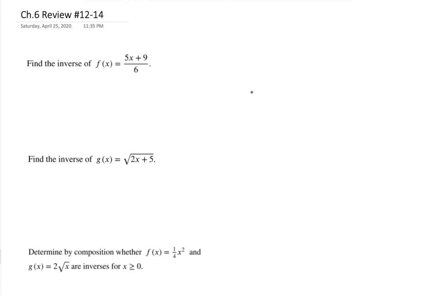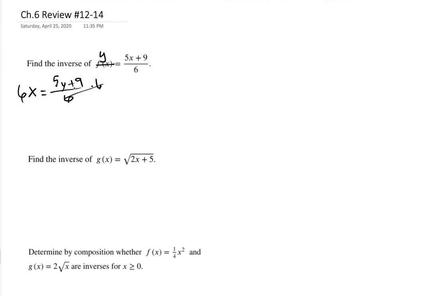One last page. Let's do some inverses. So remember, to find the inverse, you've got to swap your x and your y. So I'm going to just kind of remember this is just y. So now I'll flip my x to this side and my y like this. And then I'm going to solve for my new y. So I'll start by multiplying by 6.